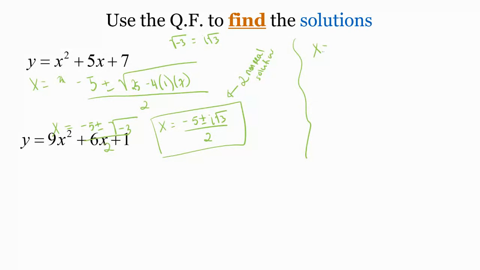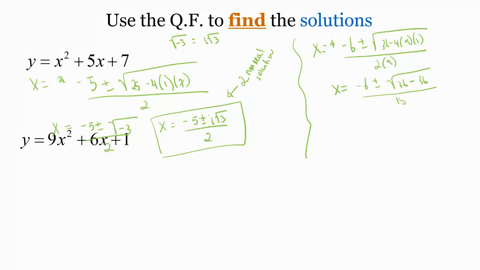So x equals -6 plus or minus the square root of b squared, so 36 minus 4 times 9 times 1, all over 2 times 9. -6 plus or minus the square root of 36 minus, what is this, 9 times 4, 36, all over 18.